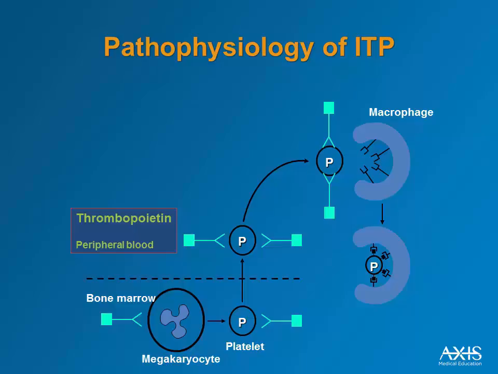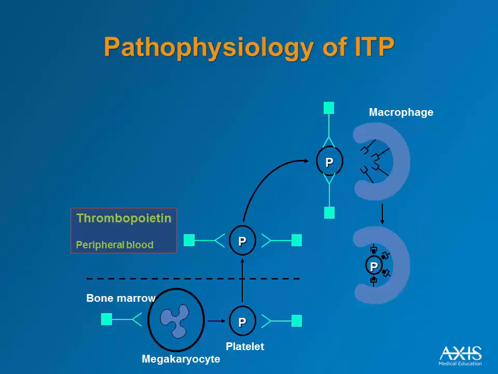Once it gets into the peripheral blood, we think it's bound by the Fab portions of the antibodies. We think it achieves a multi-point attachment of the antibodies and is illustrated in the slides of the macrophage with the black Fc receptors. It's irreversibly bound to the macrophage by virtue of this multi-point interaction.